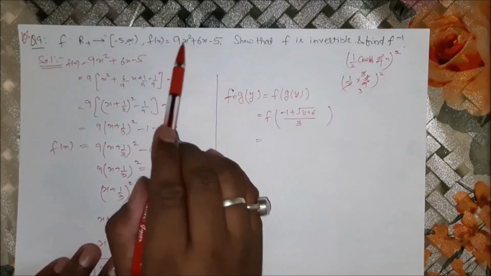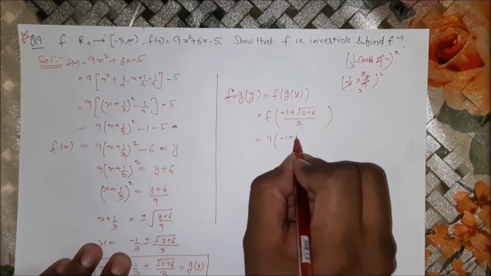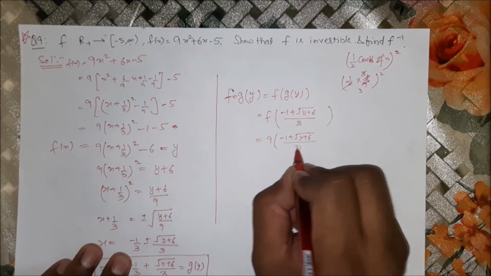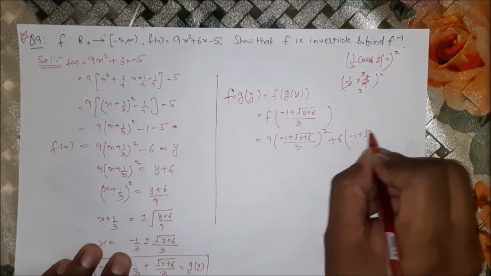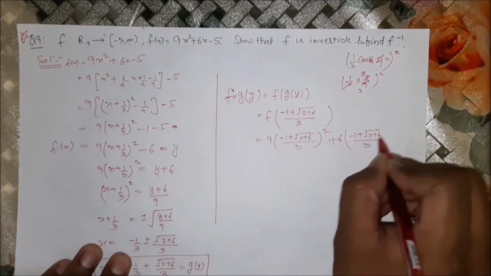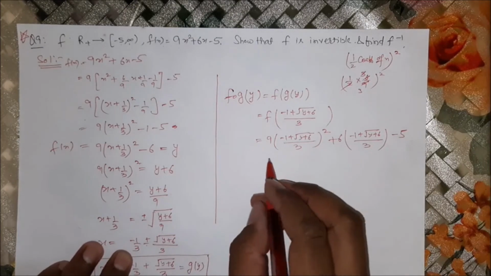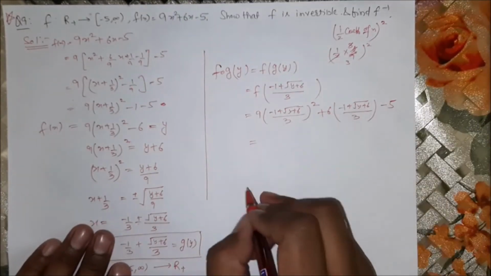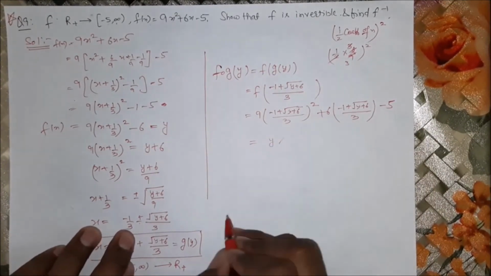In f you have this thing, so we'll put the values: 9 into (minus 1 plus root (y plus 6)) by 3 whole square, plus 6 into this value, minus 5. Okay. Now if you solve it, what will you get? You will automatically get equal to y. You can solve it yourself.